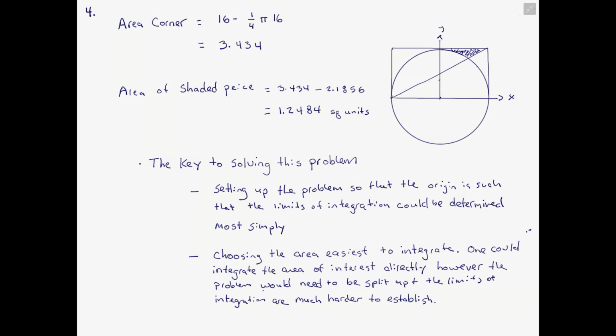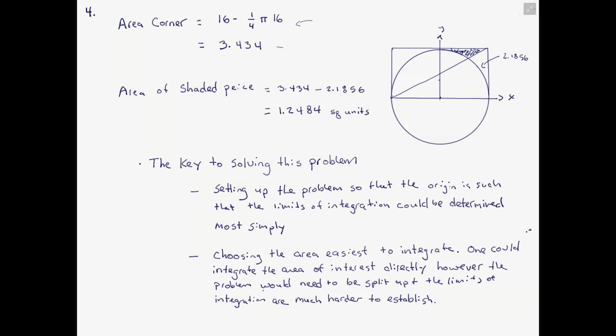The last piece is, now that we have this area here, 2.1856, we take the area of the square minus, what we do is we get the area of the corner, which is what we've done up here, which is the area of the square minus the area of the circle.